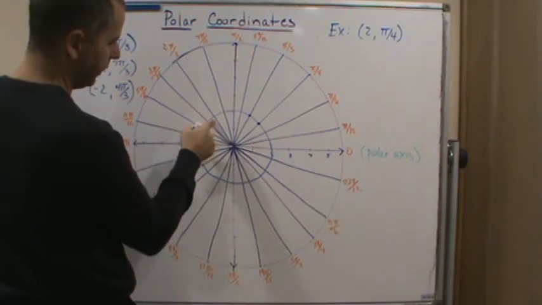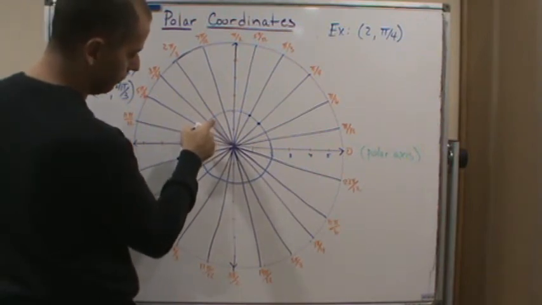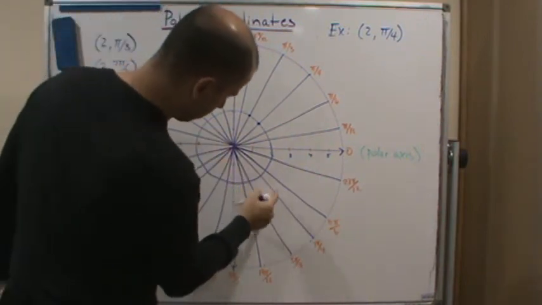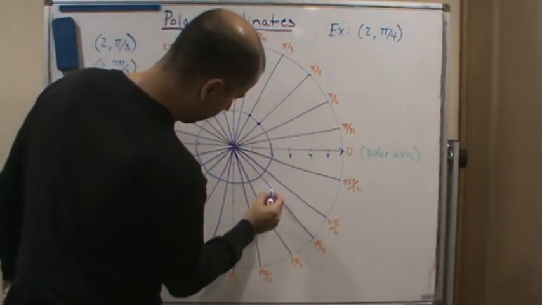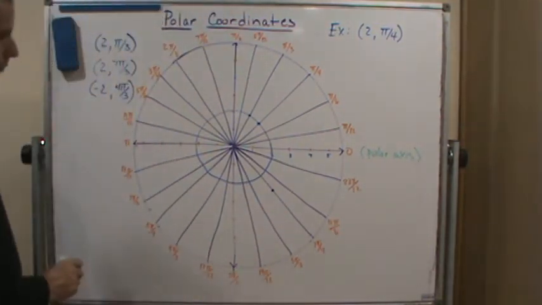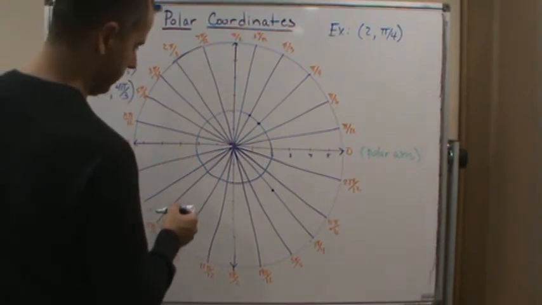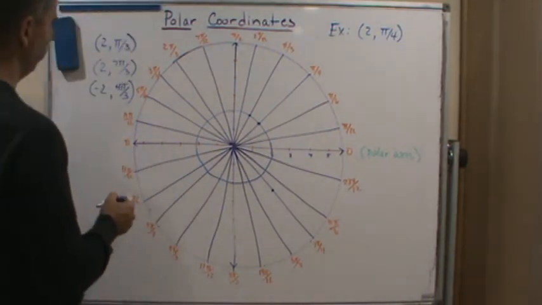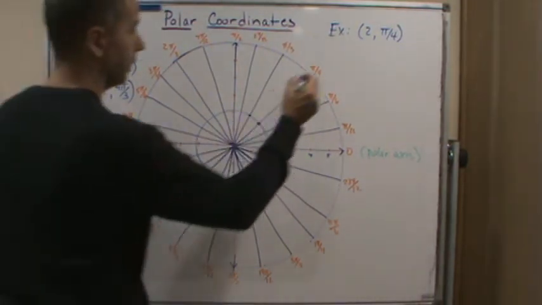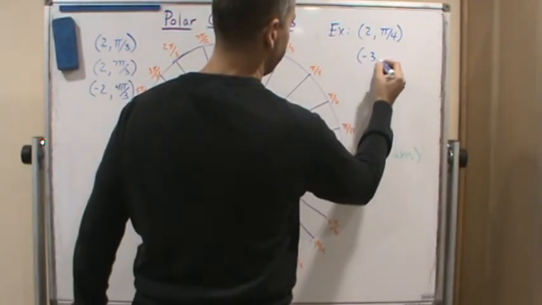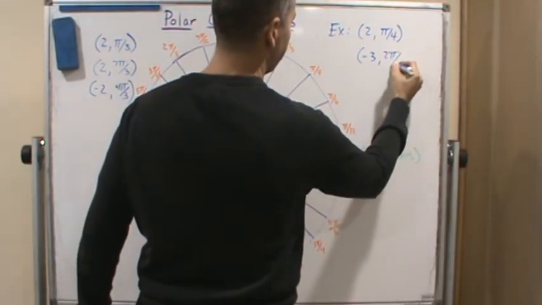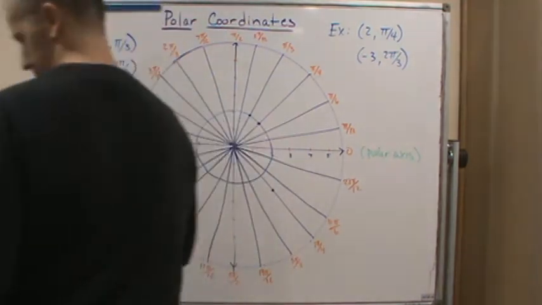Boom. And then we can do opposite, -3, which would put us right about here, right? So let's do that. That's negative 3, 2 pi over 3.